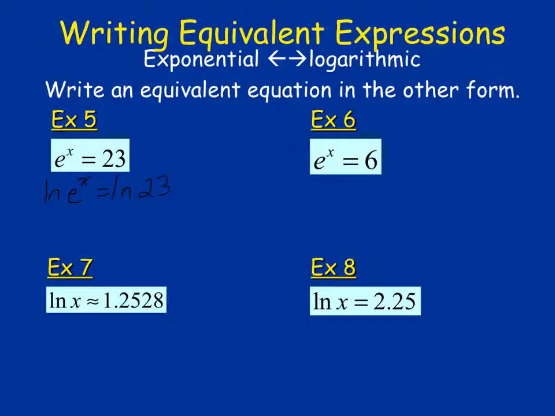Because if I do this, then I know that this part will cancel out. Okay, this is the same, because we know that the natural log of e to the x is equal to x. We talked about that in the previous slide. This whole expression here can be replaced with x, and so we end up with the natural log of 23. Okay, so this would be just the same as if I were to move this little 2 over here and bring that x down.